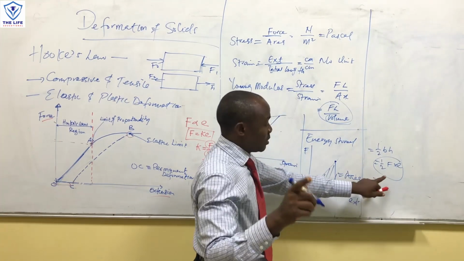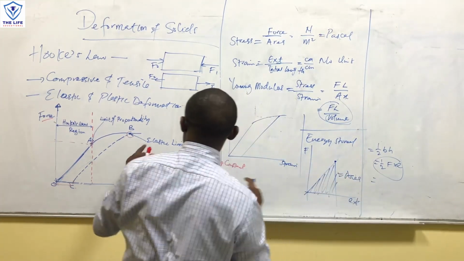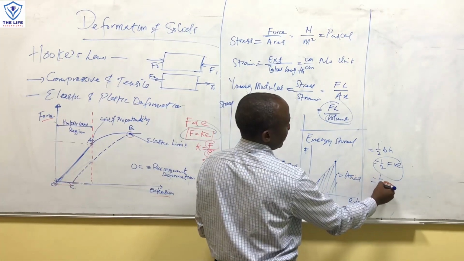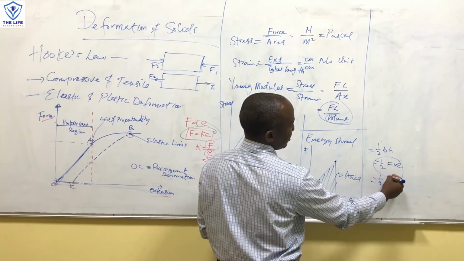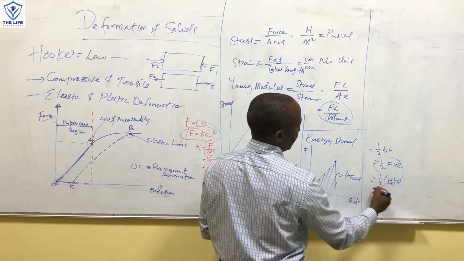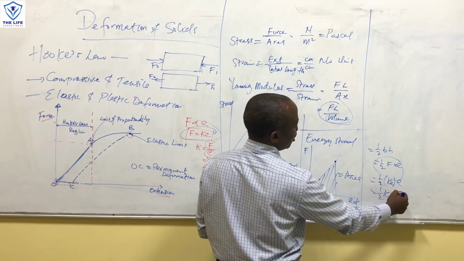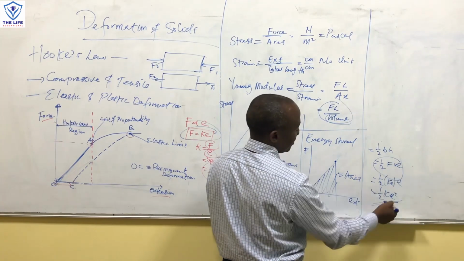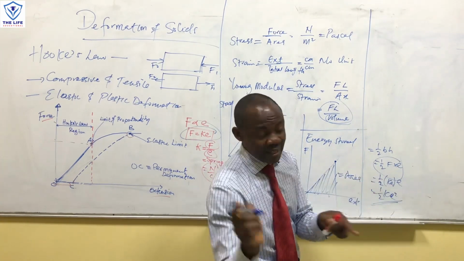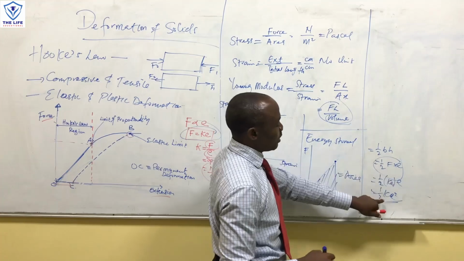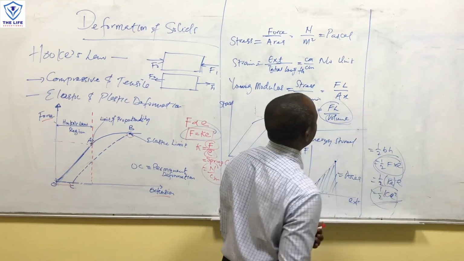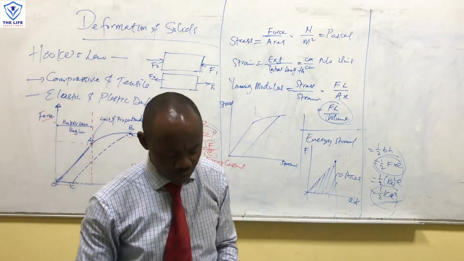Don't forget that from Hooke's law, F equals KE. You may as well proceed by saying energy stored is equal to half of F, which is KE, multiplied by E, and that should give you half KE squared. Alright? So you may use half FE or half KE squared, depending on the values that are available to you.